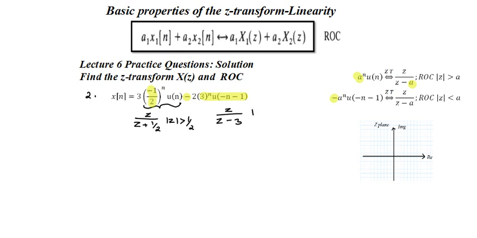The ROC is modulus of Z less than 3, because it is an anti-causal signal, so the ROC will be modulus of Z less than a. Now we need to check the common area. Is there any overlapping area? Based on this I can mark one pole at Z is equal to 1 by 2. See here it is actually minus 2, and if you take the modulus, I will make it clear.